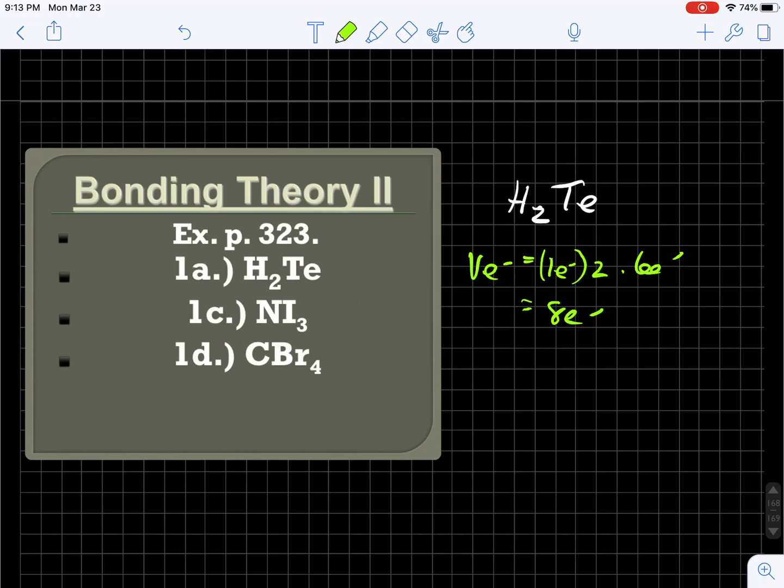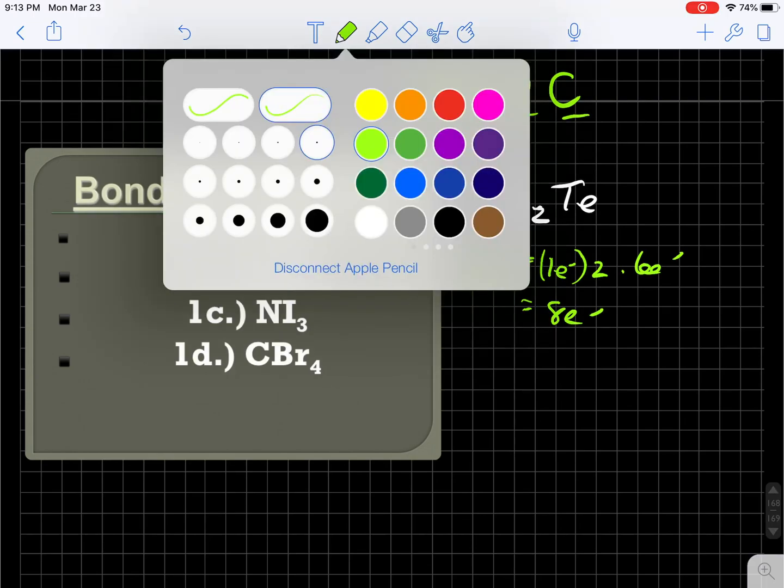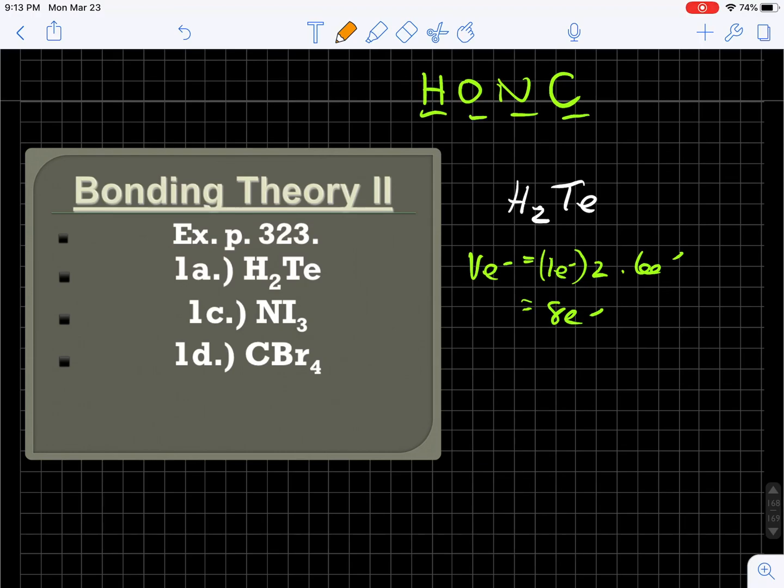Now, as far as choosing what's called the central atom, if you've done the Honk lab in biology, hydrogen, oxygen, nitrogen, carbon, one thing I like about the Honk lab is it teaches you the normal valence of things. In other words, where it's most stable.